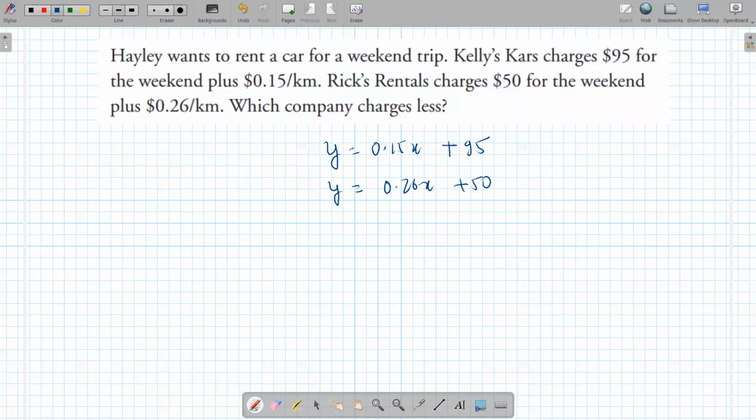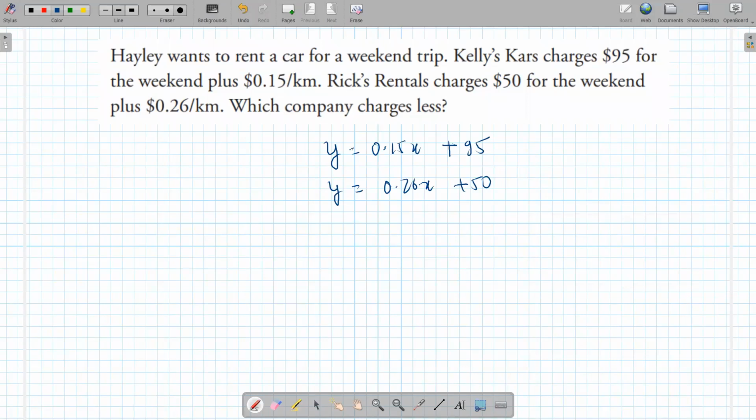What were our equations? 0.15x plus 95, 0.26x plus 50. So the top one is red, okay?